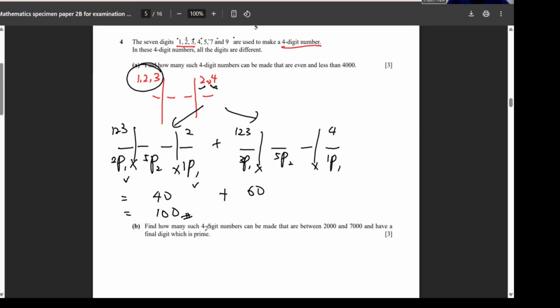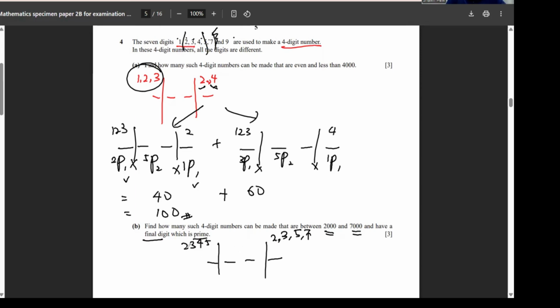Second part, find how many such 4-digit numbers can be made between 2,000 and 7,000 and have a final digit which is prime. So we check again. The final digit is prime means 2, 3, 5, 7. The number between 2,000 and 7,000 starts with 2, 3, 4, 5. Then again, 2-part restriction, we need to put tick cross.